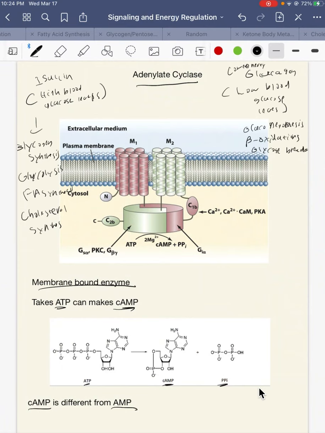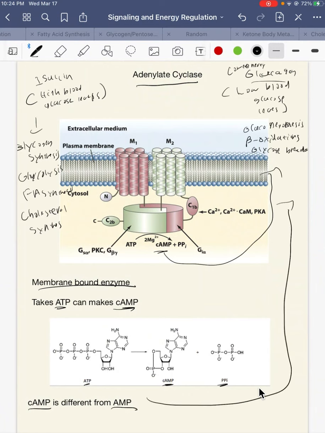Breakdown. You get the point. But this happens when glucagon binds. Glucagon uses GPCR, and eventually we make cyclic AMP. Okay, so you see that the cyclic AMP pathway that activates is very similar to what AMP activates, right? Because AMP is the low energy, but they don't correlate together.